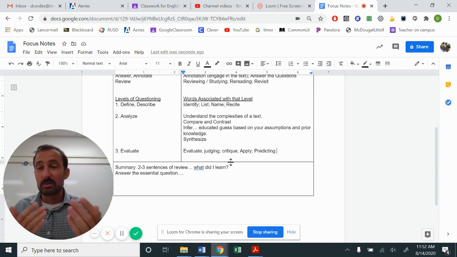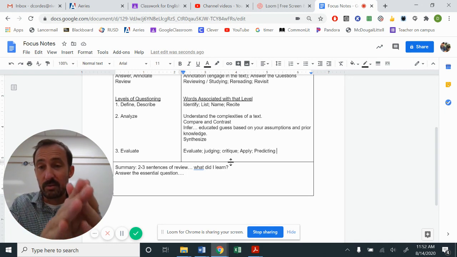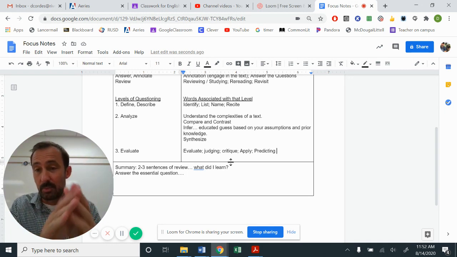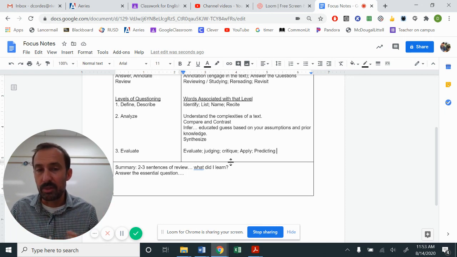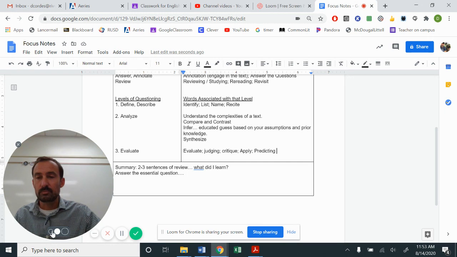How is that different? How is that similar? Which is part of analysis and compare and contrast. But it's also the component of evaluating. I'm critiquing, oh, the book said this and they did it this way, which emphasizes more of the characters, right? They did this because they wanted to get theme across. Here they did it for character development. So you kind of begin to pull things apart, okay?